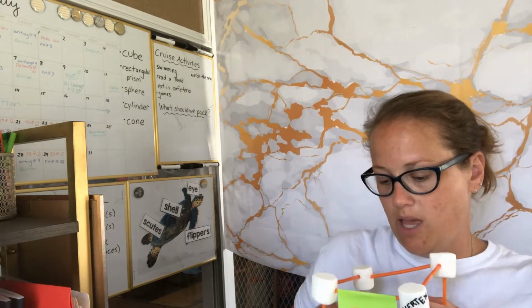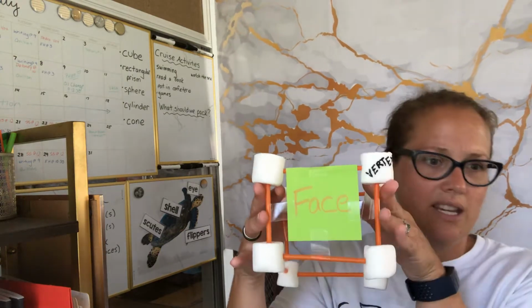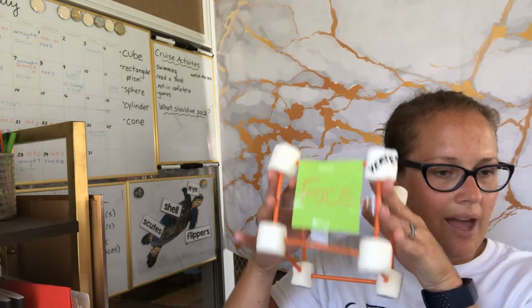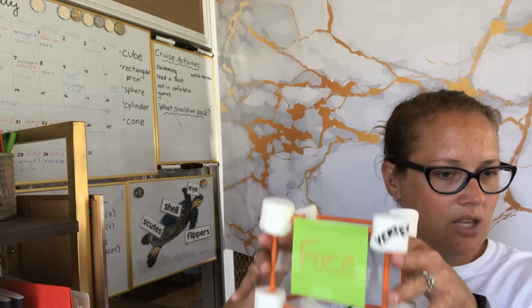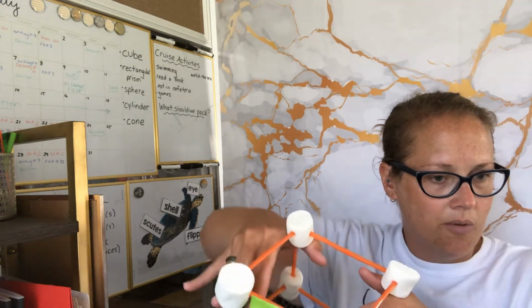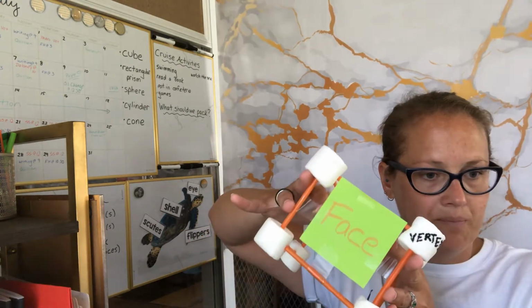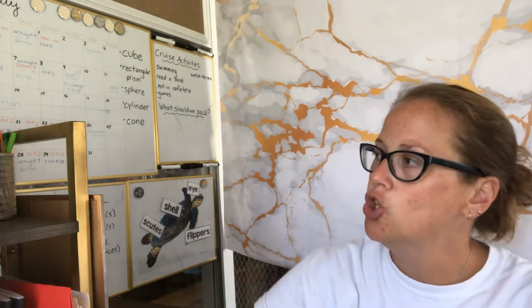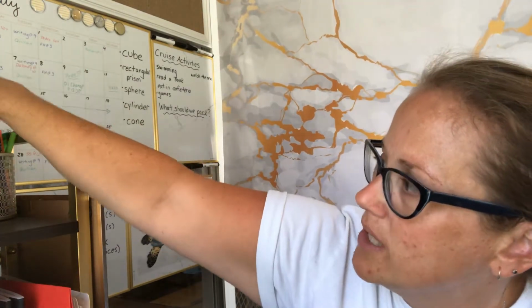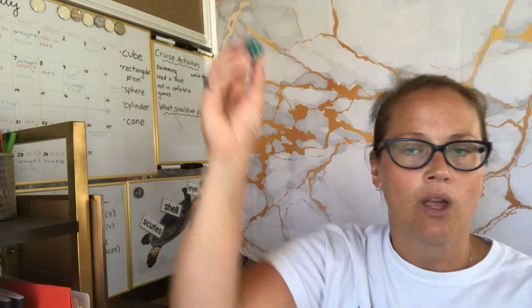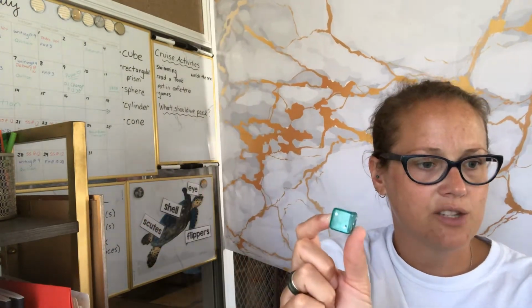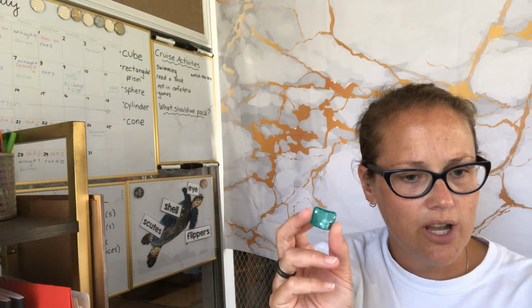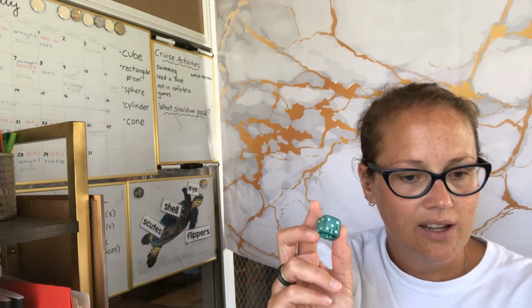If you look at my cube, how many faces are there? How many sides are on a cube? What do you think? Count them up. How many faces on a cube? Somewhere I have my dice too. How many faces on a die? Keandra, how many? 4.